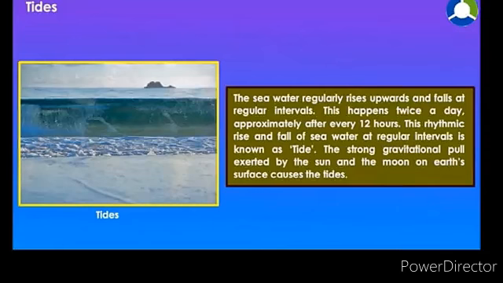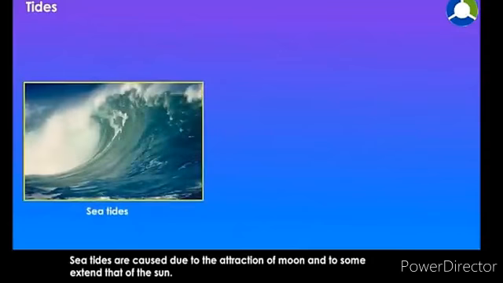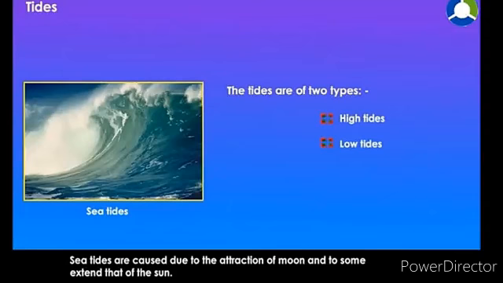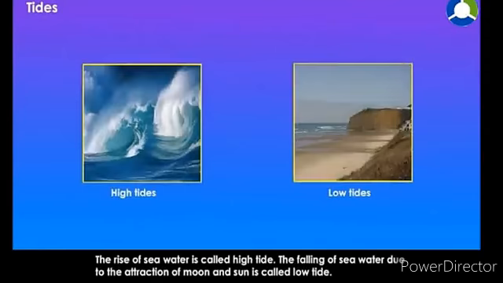The strong gravitational pull exerted by the sun and the moon on Earth's surface causes the tides. Sea tides are caused due to the attraction of the moon and to some extent by the sun.